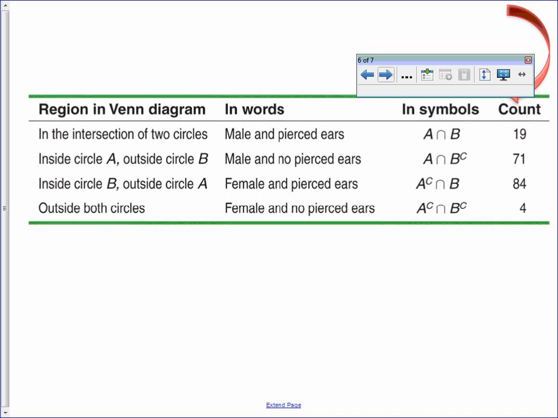The intersection of the two circles was A intersect B. All of these now are just a matter of going to the Venn diagram and getting the pieces. Like I said, these symbols can get really dense, and so the Venn diagram is going to make your life a lot easier. We're going to be doing a lot of these Venn diagrams in class.